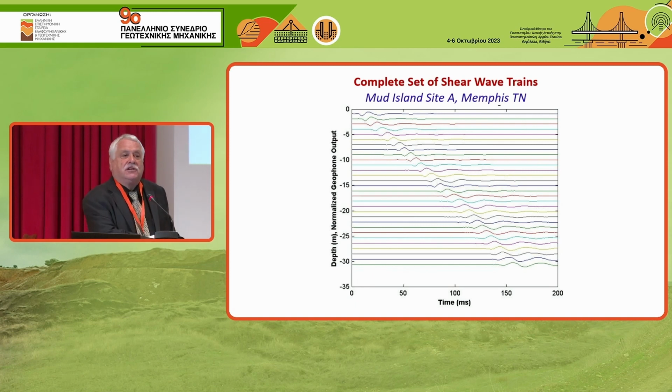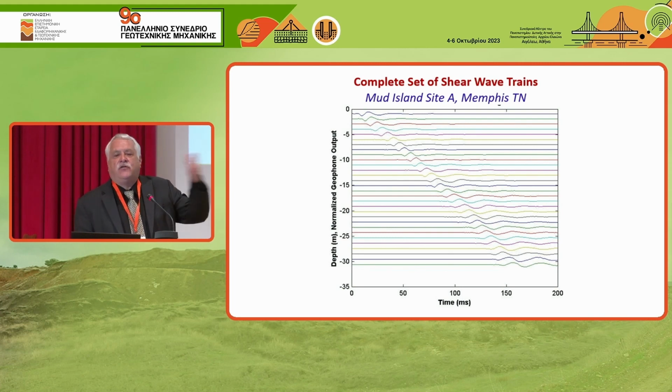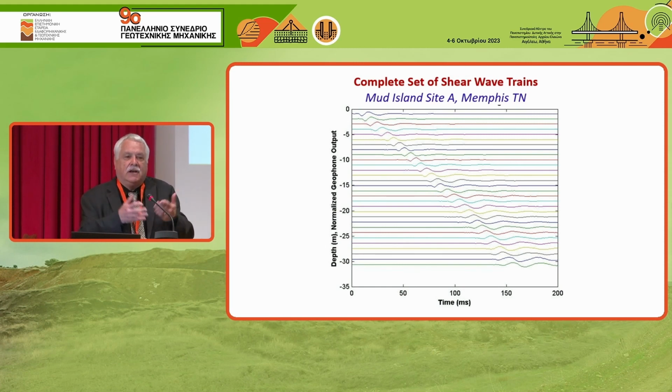Back 40 years ago when we came out with crosshole and downhole, we had analog signals, and we had to use this trick of the polarization. Fast forward to 2023, we can let the computer match, say, 2,000 points at the 1 meter depth with 2,000 points at the 2 meter depth, and match that with the 3 meter depth, and we can use thousands of data points because we can just use cross correlation.